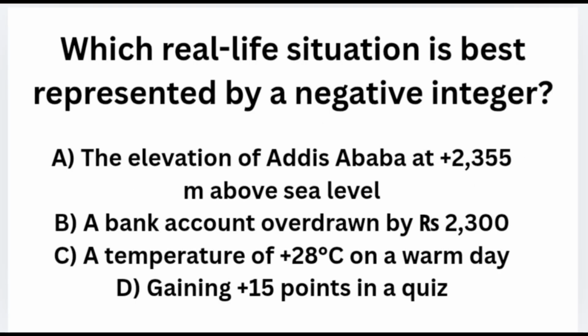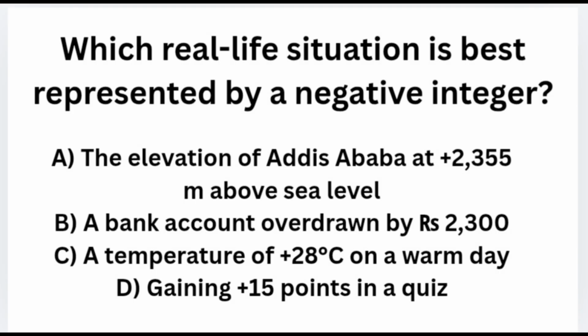Question number 9. Which real-life situation is best represented by a negative integer? A. The elevation of Addis Ababa at positive 2,355 meters above sea level. B. A bank account overdrawn by 2,300. C. A temperature of positive 28 degrees Celsius on a warm day.